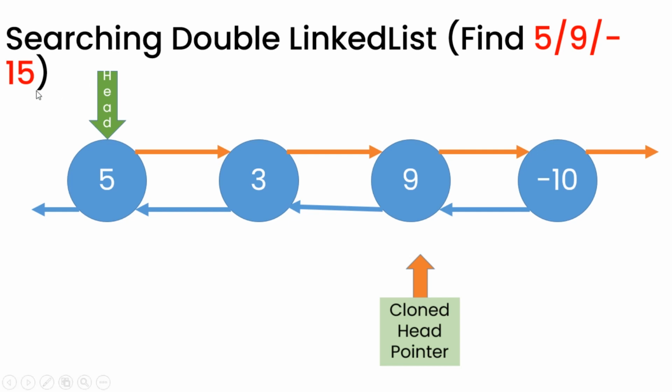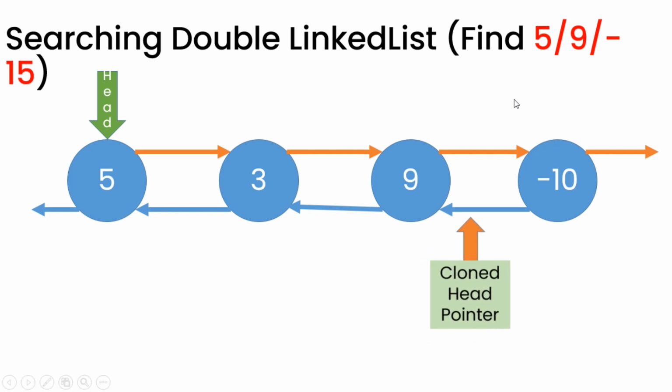Now let's say we want to search for value 15. 15 doesn't exist in this double linked list, so we will have to complete our iteration until we reach the point where we find no other remaining element in this double linked list. So we'll just keep iterating until we reach the node of null. We don't have any remaining nodes.